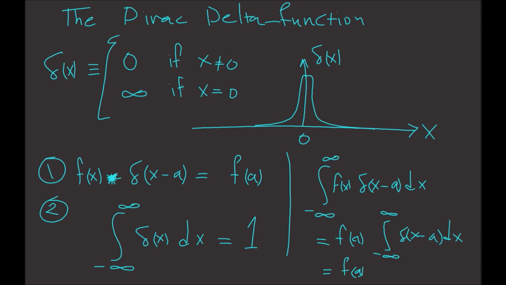So now let's look at our potential. Our potential function V of x is going to equal some constant minus alpha times the delta function of x. The reason for the alpha is just to make the dimensions work, because V is potential energy.